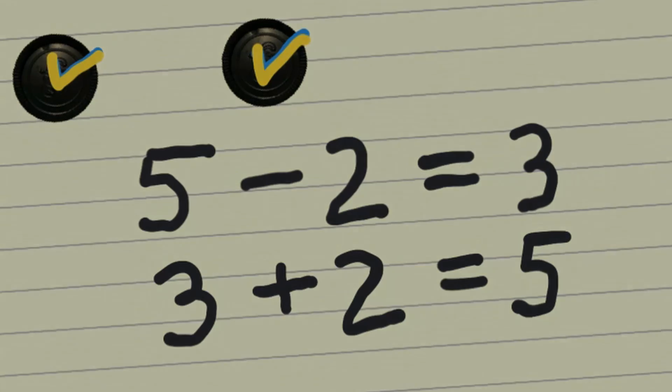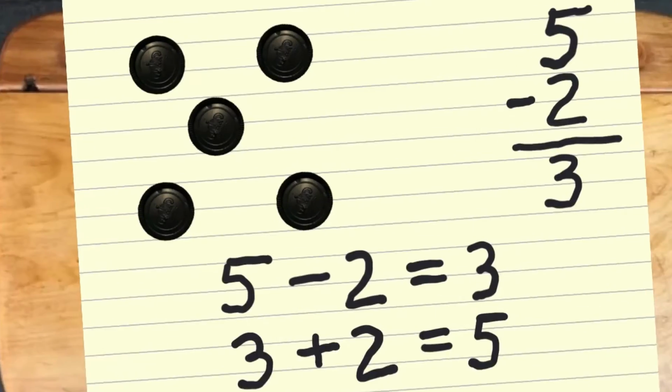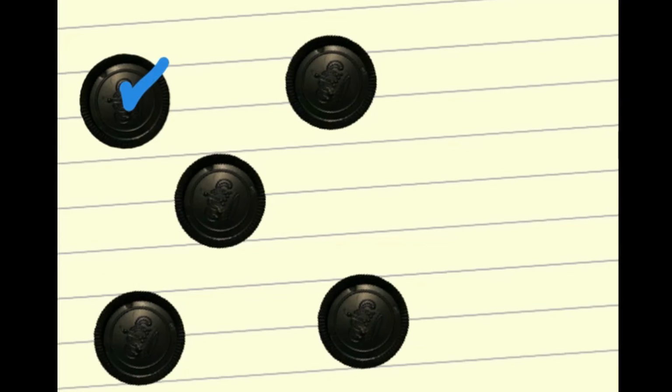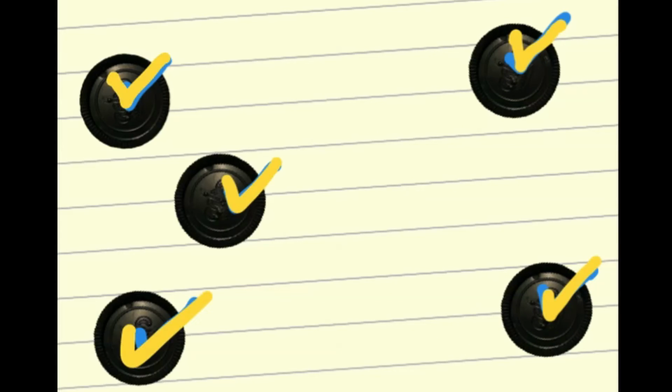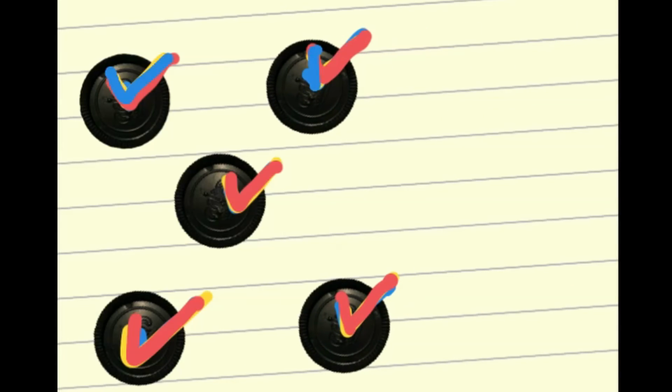I will summarize now in pictures and in numbers. Okay, here it is in pictures. We have 5. Take away 2. You get 3. Let's add them. 3 plus 2 is 5.